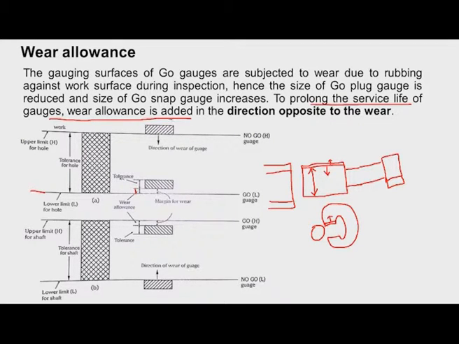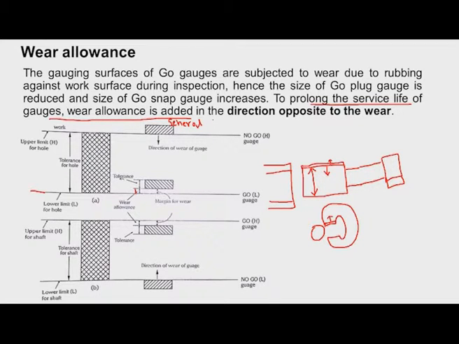This is what we say is the general class of gauges. There are different types or classes of gauges: general type of gauges, workshop gauges, inspection gauges. In the case of general class of gauges, this is how the tolerance is provided. The gauge tolerance is provided inside the work tolerance, and hence the wear allowance is also provided inside this, consuming some portion of the work tolerance, and the tolerance on no go gauge is outside the work tolerance.